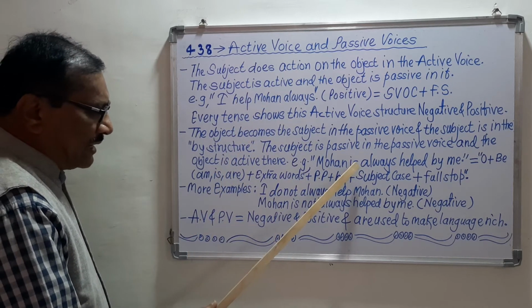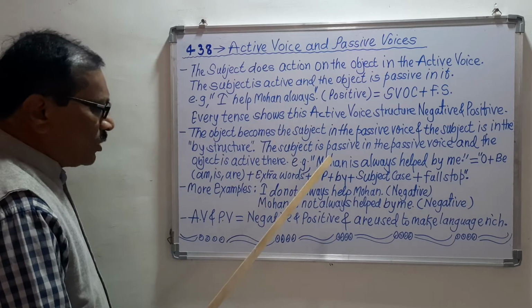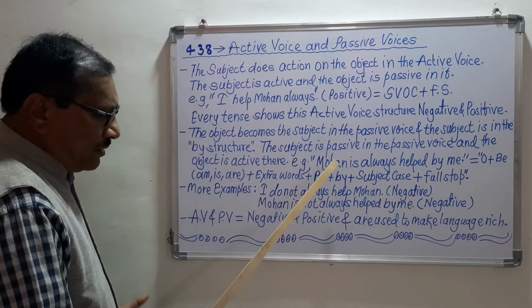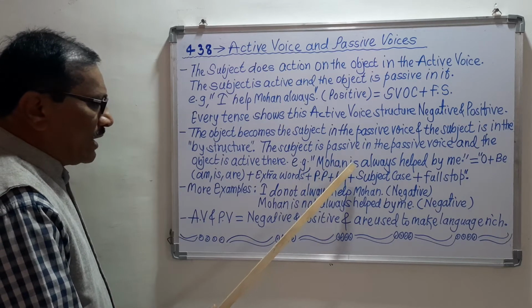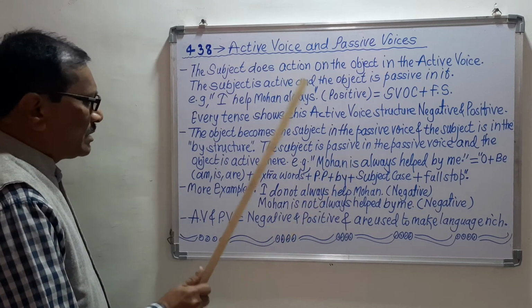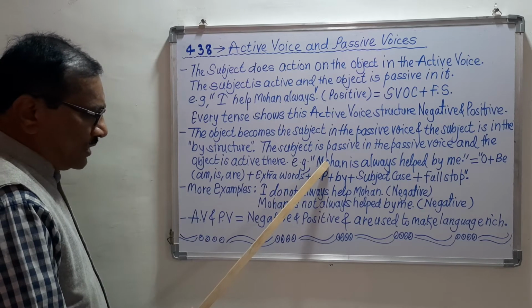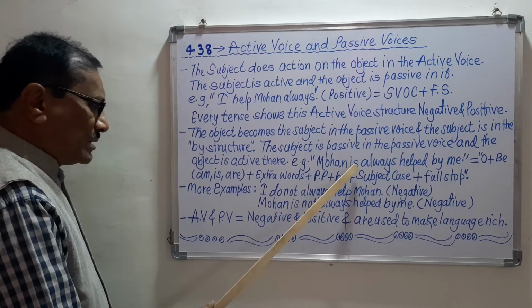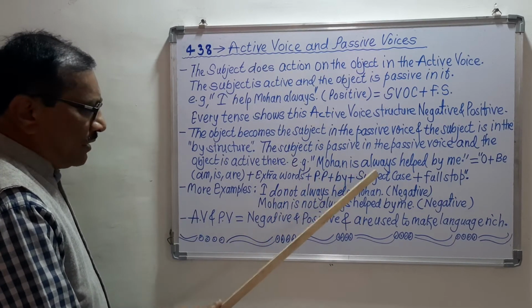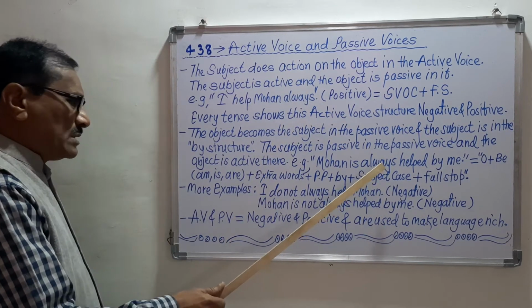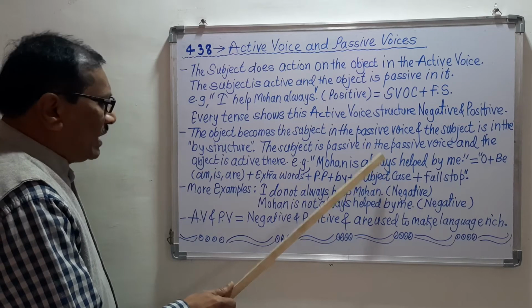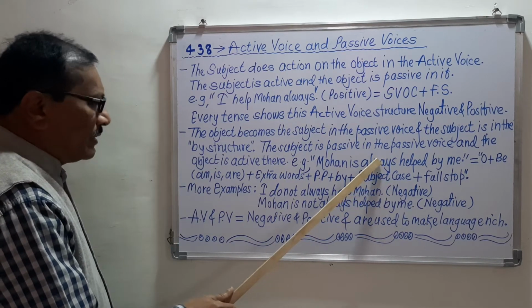I have taken is because Mohan is singular, Mohan is he. Then I have taken always, which is the complement, an extra word, and I have taken it here.